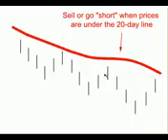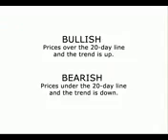Conversely, you'd want to sell or go short when prices are under the 20-day moving average and in a downtrend. So we'd be bullish if prices are over the 20-day moving average and the trend is up, and we'd be bearish if prices are under the 20-day line and the trend is down. These rules are very simple, yet the majority of traders fail to follow them and lose money.